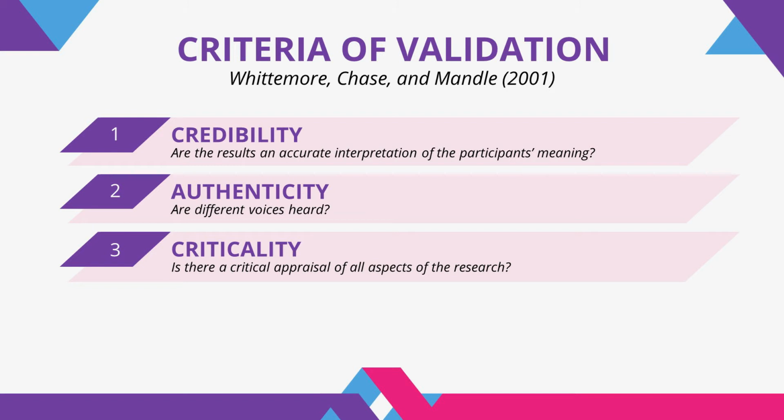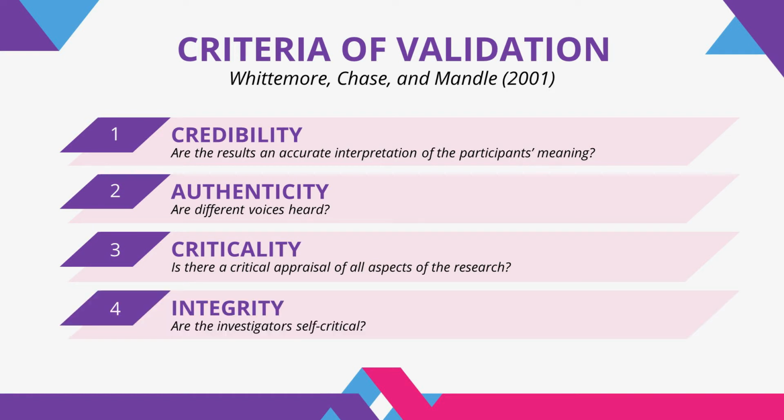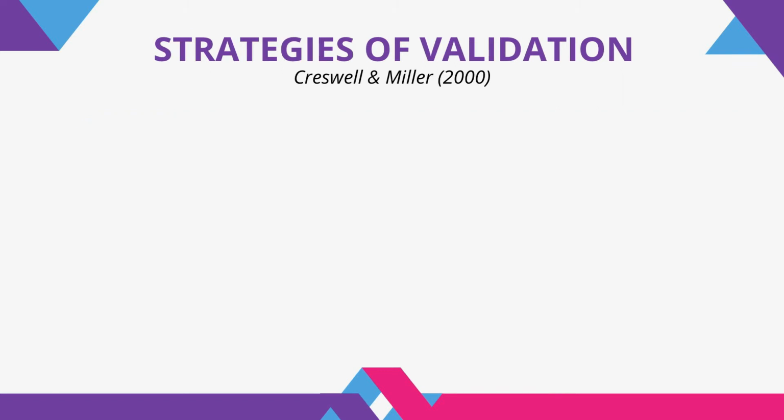It answers the question, is there a critical appraisal of all aspects of the research? And lastly, integrity, which answers the question, are the investigators self-critical? Creswell and Miller in 2000 focus on 8 strategies that are frequently used by qualitative researchers.